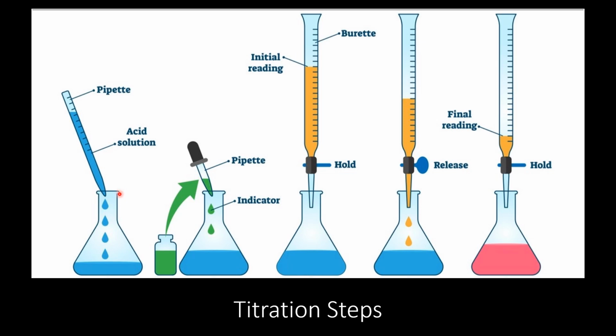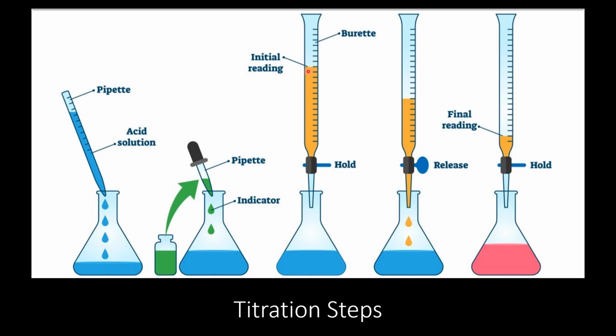To go through all the steps before we solve a problem, imagine you have put in a beaker a certain volume of acid solution of unknown concentration. You add a drop or two of indicator. Then you start titrating with your base of known concentration. The burette gives you a very precise way to read volume.